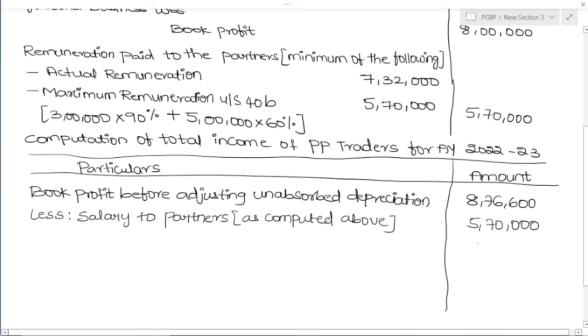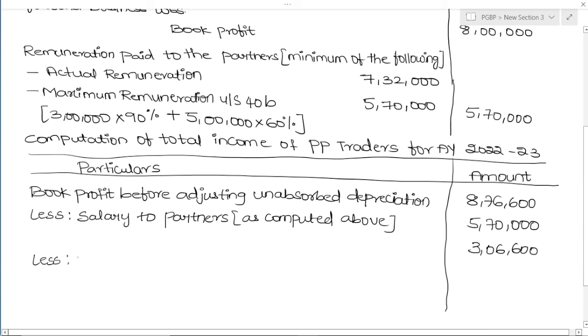We will get 3,06,600. Now again the choice, should we deduct brought forward business loss or unabsorbed depreciation first?